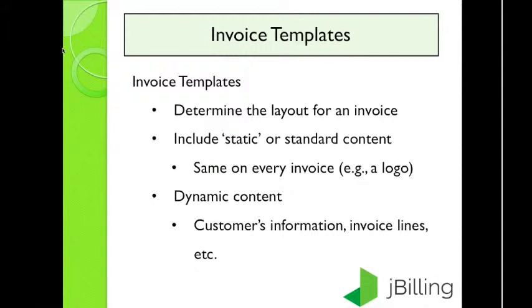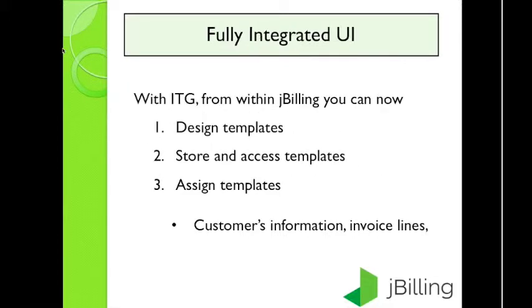However, a template obviously has to show dynamic content because it has to show data coming from the database, the customer information, the invoice lines of that specific invoice, and a number of other variables, while at the same time there's some static content like the logo of the company, the address of the company, and so on, which always shows the same. So there's dynamic and static content all mixed in a template.